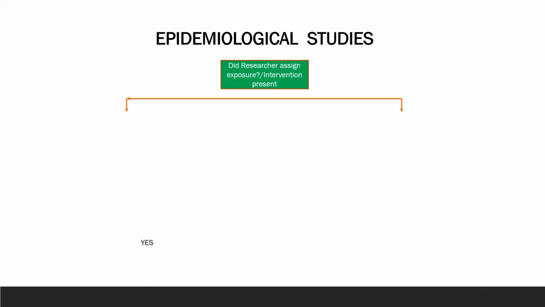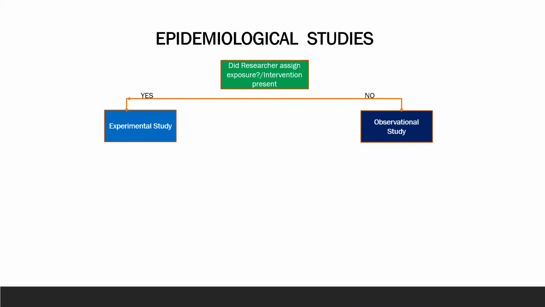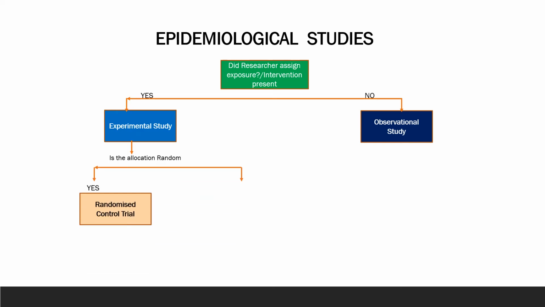If yes, it is an experimental study. If not, it is an observational study. If the experimental study has been allocated randomly, that is, every subject had an equal opportunity of being selected, then it is a randomized controlled trial. Else, it is a non-randomized controlled trial.